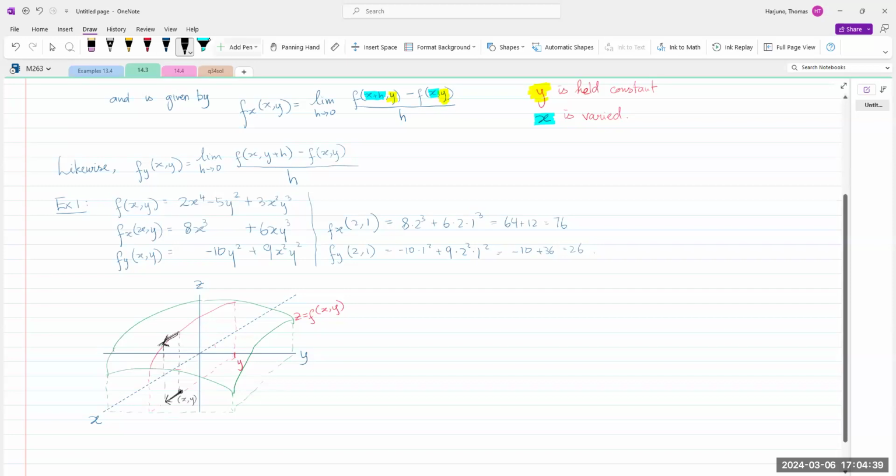Okay, so I will take this part here, that blue part, this blue cross section, and I will graph that here.